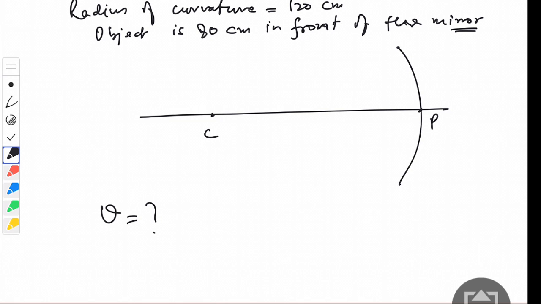The object is, let us say, 80 centimeters in front of the mirror. Let us say the object is somewhere here. Now you have to find, tell me, v is equal to how much? Calculate.